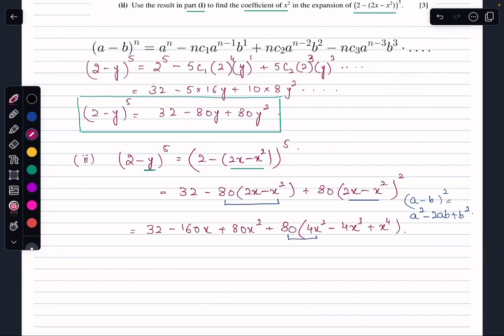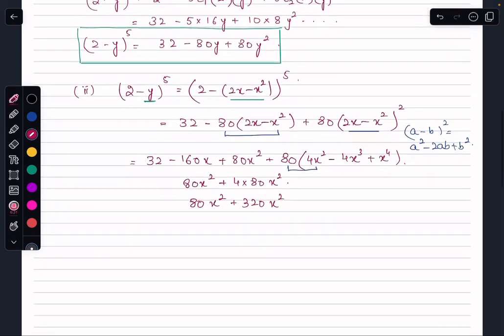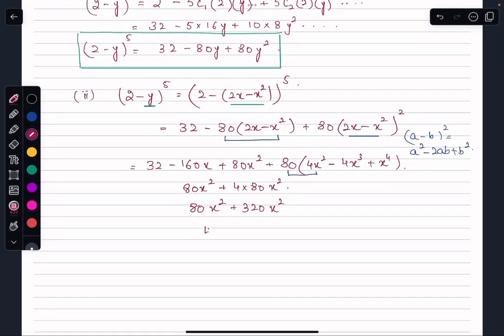So the terms that interest me are 80x squared and plus 4 times 80x squared, or 80x squared plus 320x squared, so the coefficient of x squared for this question shall be 400, giving the answer as 400.